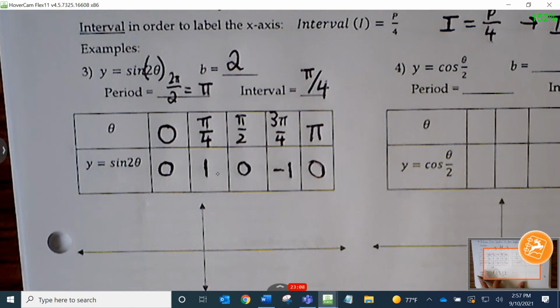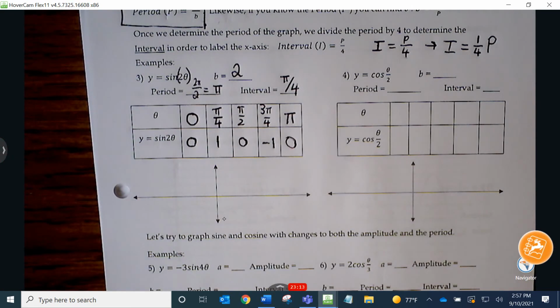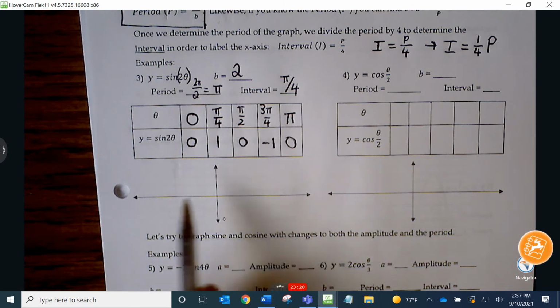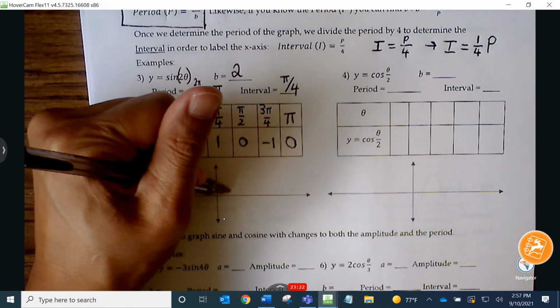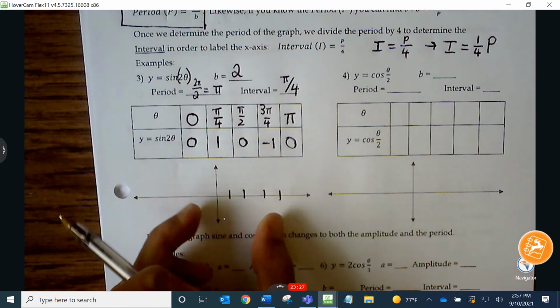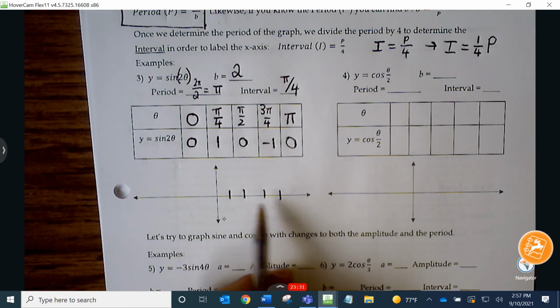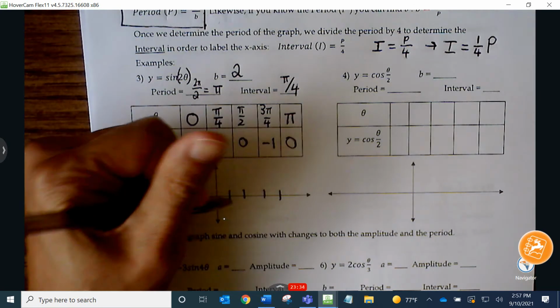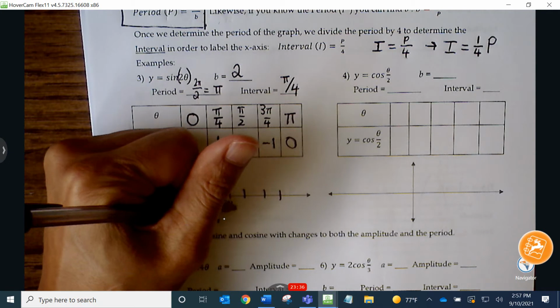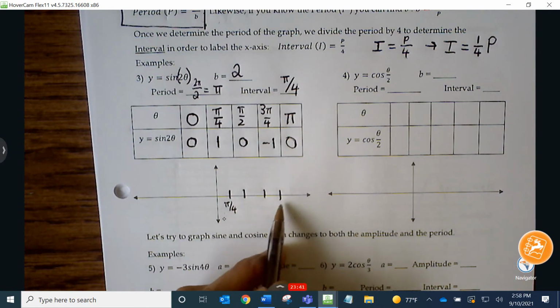Okay, so see if you guys can graph this. Now, technically we should be stretching our graph or compressing it depending on the interval, but we can assign our interval, right? So instead of going all the way to 2 pi, technically we're making it compressed, where we're completing our full cycle within pi. Okay, so go ahead and fill this in. Your graph is going to look the same. It's just that we've reassigned these tick marks here.